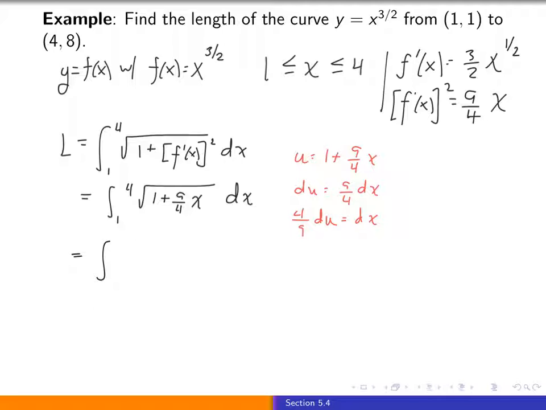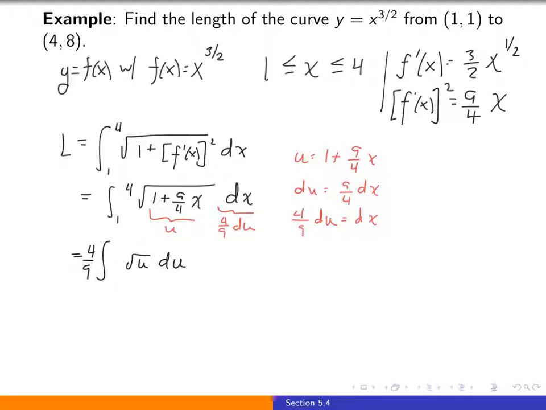So we can now write the entire integrand solely in terms of this variable u. 1 plus 9/4 x is u, dx is 4/9 du. So 4/9 is a constant that pulls out front, and we have square root u du.